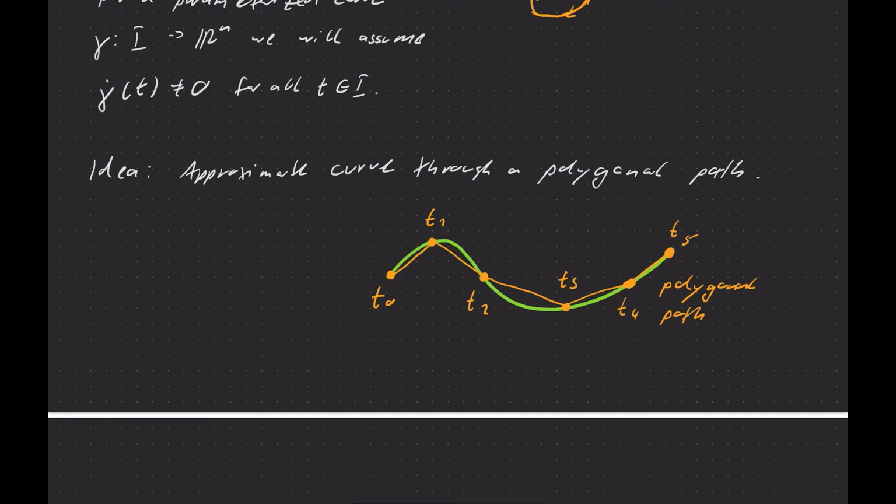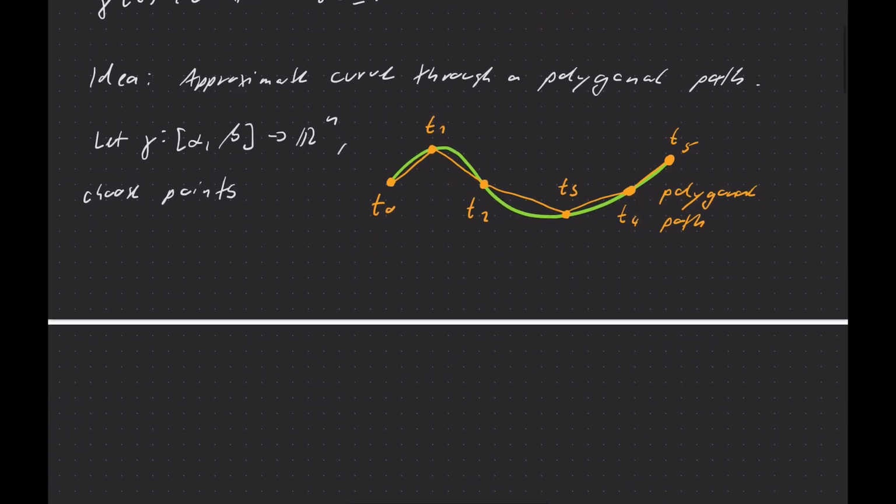Okay, so we have an interval where gamma is defined. So let gamma be defined on an interval alpha beta to R to the n. And then we choose points in that interval. The first one, t0, is the same as alpha, the start of the interval. Then we choose a number of points in between. And the final point is tn, that is equal to the endpoint of the interval beta.